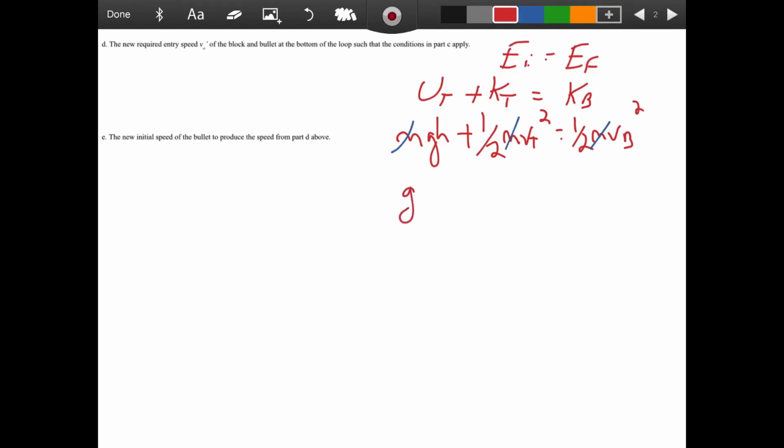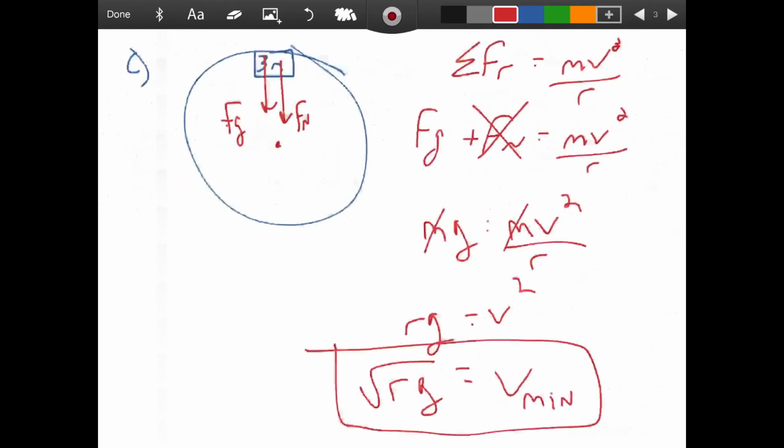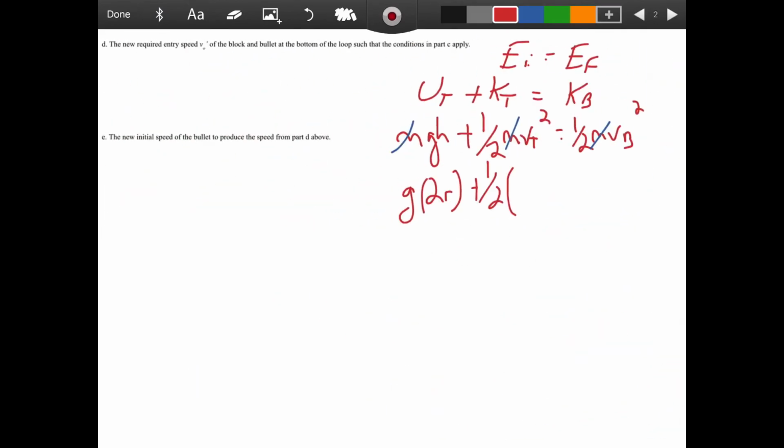So h at the top, remember that's the diameter, so it's going to be 2r, plus 1/2 times, here is from part C, if we remember, we found it's the square root of rg, equals 1/2 times this vb, which is what we're looking for.